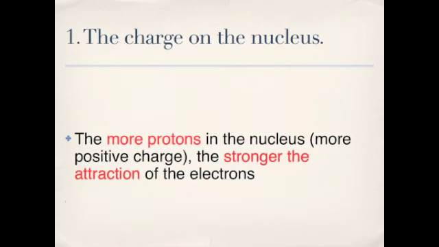Now, one of the most key factors that will influence whether we can remove an electron easily from an atom is the attraction it has with the nucleus. We know that the nucleus is where we find the protons, and the more protons you have in that nucleus, the higher the positive charge. So of course, we expect a stronger attraction between the electrons and that positive nucleus.